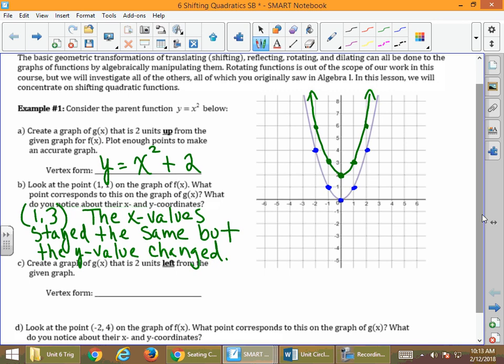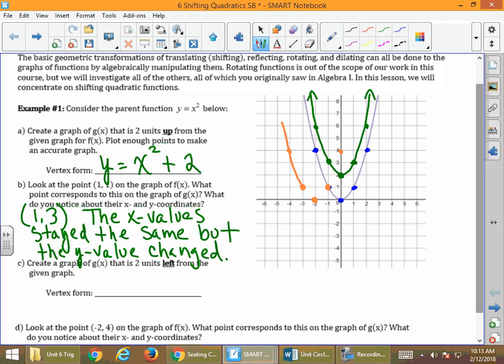I'm going to start with the vertex, which is (0, 0). I'm going to move it left 2 units. So this point (-1, 1), let's move left 2 units. Our point (-2, 4), let's move it left 2 units. Our point (1, 1), move it left 2 units. And our point (2, 4), move it left 2 units.